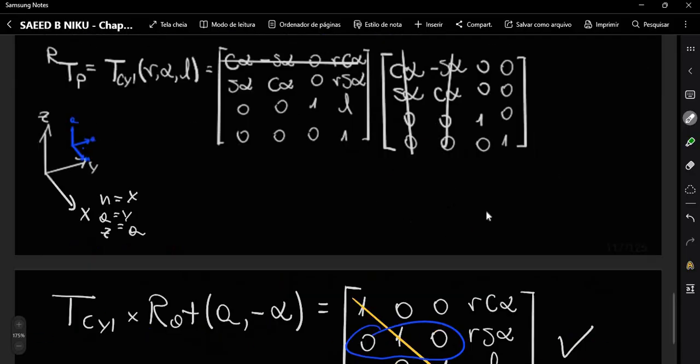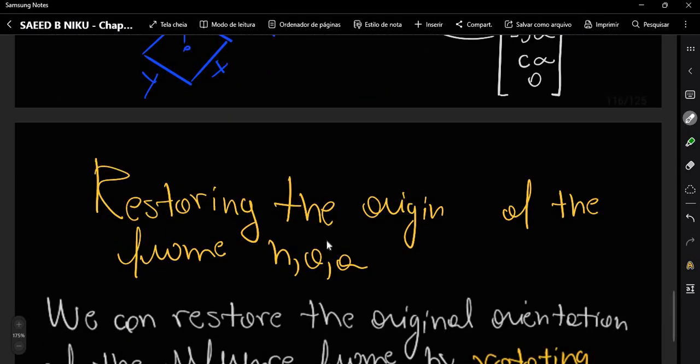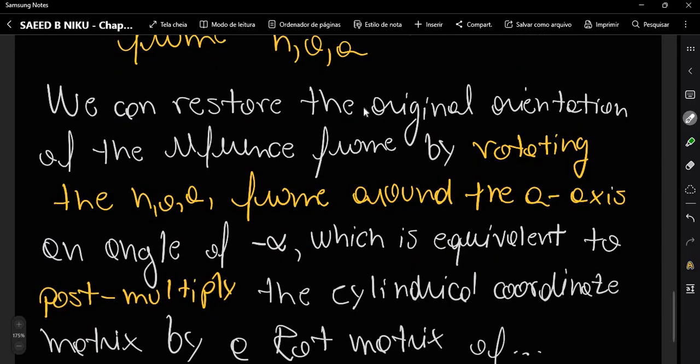So right here, restoring the origin of the frame in OA. Remember this technique that we apply in order to restore the original orientation of the reference frame.